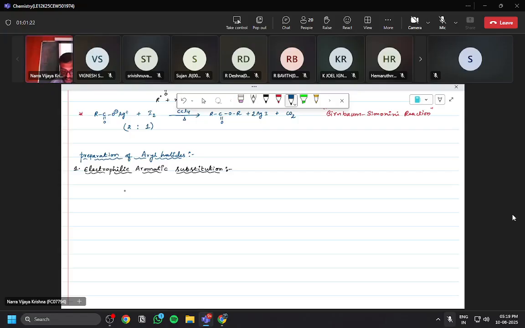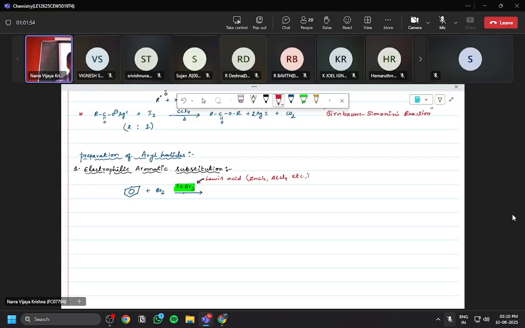Now, benzene is allowed to react with halogens. For example, if I take bromine in presence of FeBr3, which acts as catalyst, and it is a Lewis acid, with an empty orbital. ZnCl2 is also a Lewis acid, AlCl3 also.